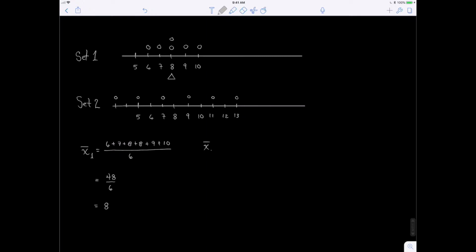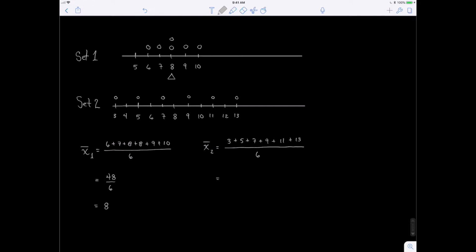Then let's do the same thing. We'll find the mean for the second data set. Here again, we're taking the values right off of our dot plot. So I have a 3 plus a 5 plus 7 plus 9 plus 11 plus 13. Take all that, and we're going to divide it by 6.